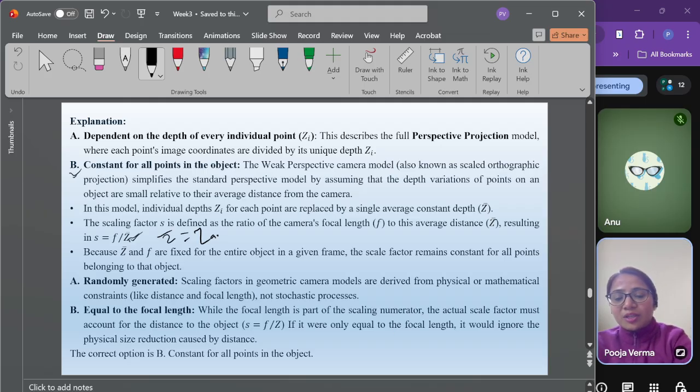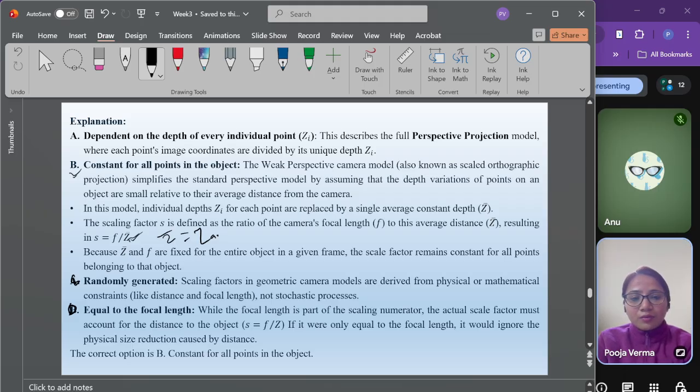So option B is the correct answer. Options C and D are randomly generated, so they are not correct options. The scaling factor in a geometric camera model is derived from physical or mathematical constants, not a stochastic process, and it is not equal to the focal length. While the focal length is part of the scaling numerator, the actual scale factor must account for the distance of the object, that is s is equal to f by z, not f by z dash.